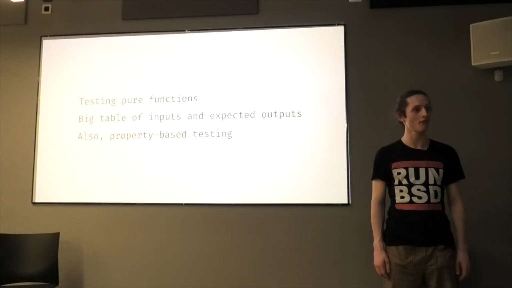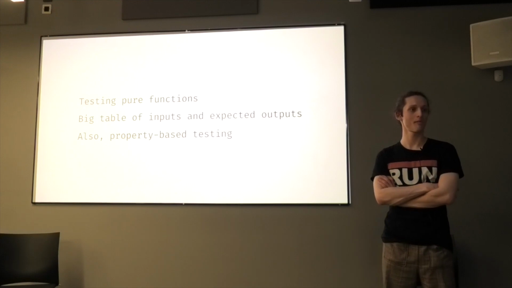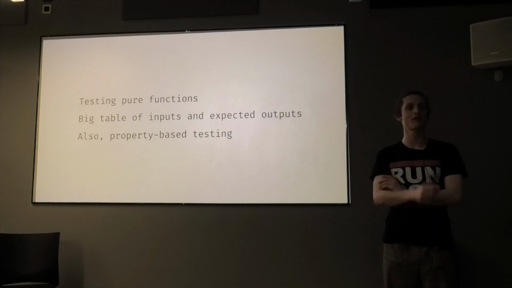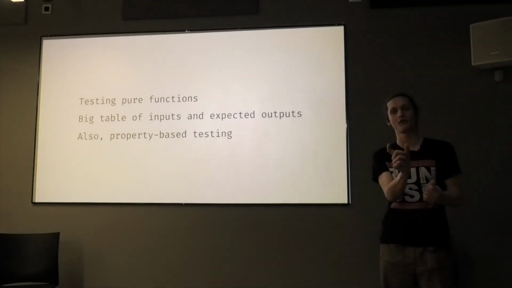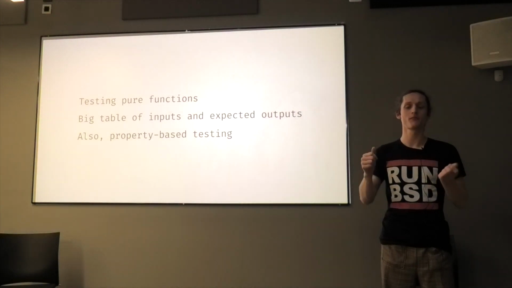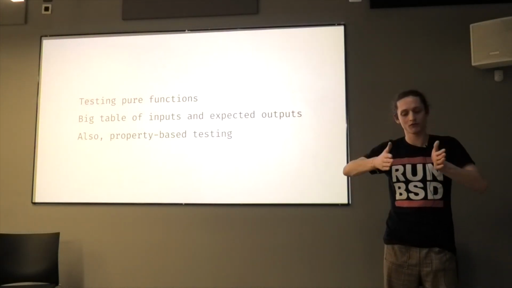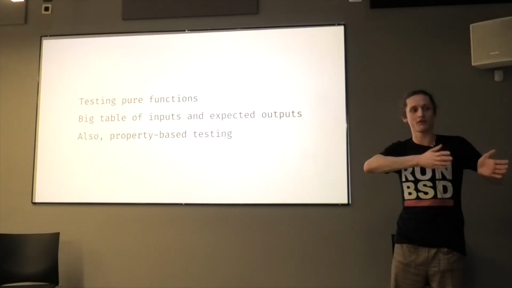So when you're testing a complicated functional program, what is it that you're testing? You can just test because the functions are pure and exist in isolation from the rest of the system. You don't really have to mock in the same way.